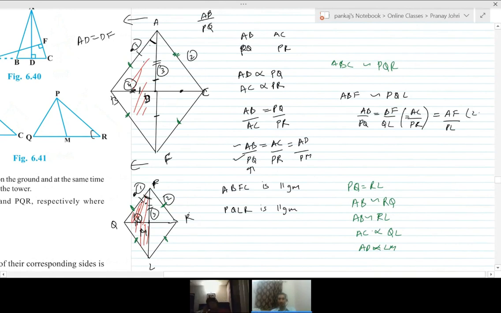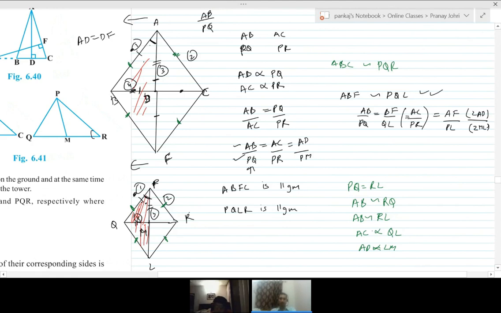Basically, it is 2AD divided by 2PM, which is ML. So now this is proved. This is similar. Done.